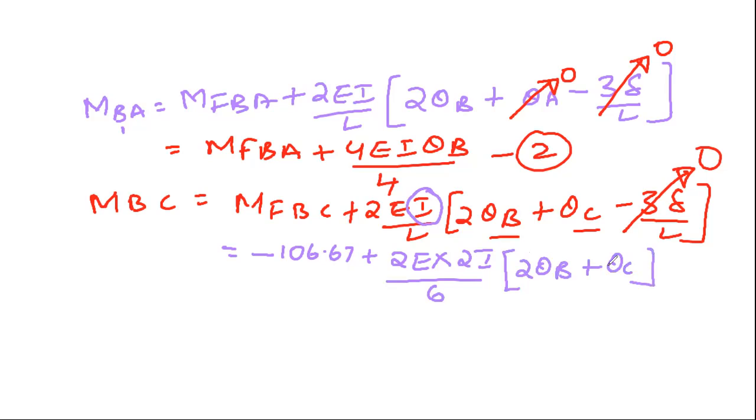And if you rewrite this equation, I will be getting minus 106.67 plus 4 by 6, which is 2 by 3.